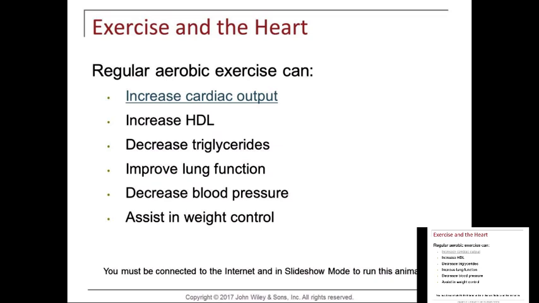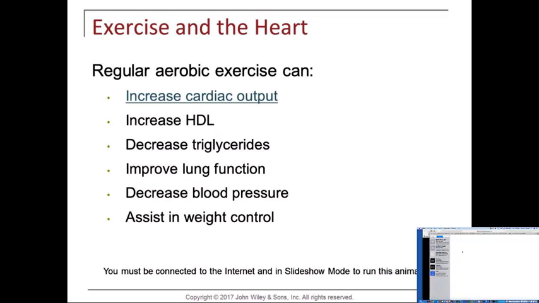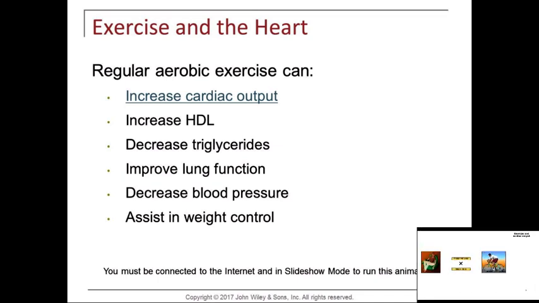Okay. Cardiac output is not constant. It varies with the body's metabolic demands. Mild exercise will double cardiac output, while an intense workout can increase output as much as fourfold, to 20 liters of blood each minute.